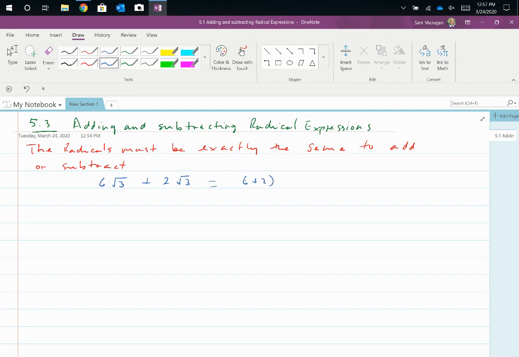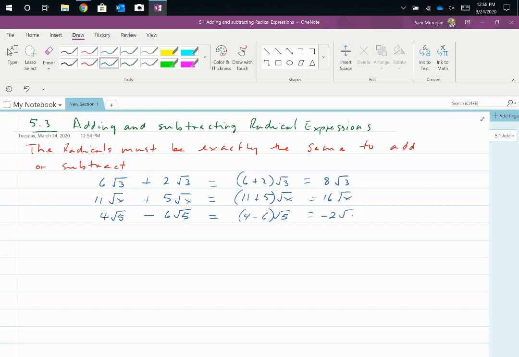So this is 6 plus 2 square root 3, which is 8 square root 3. 11 square root x plus 5 square root x: 11 plus 5 square root x, which is 16 square root x. 4 square root 5 minus 6 square root 5 is equal to 4 minus 6 square root 5, which is negative 2 square root 5.